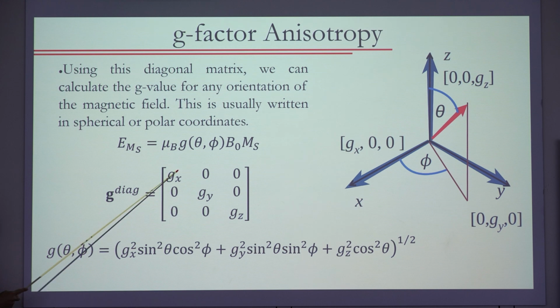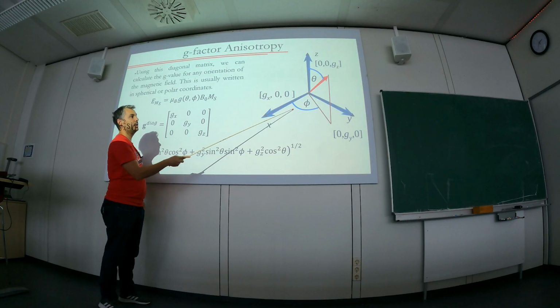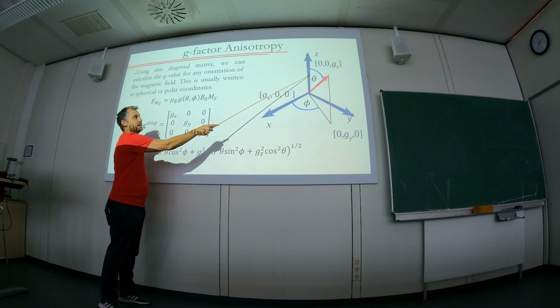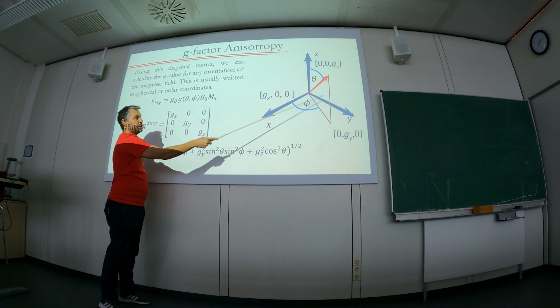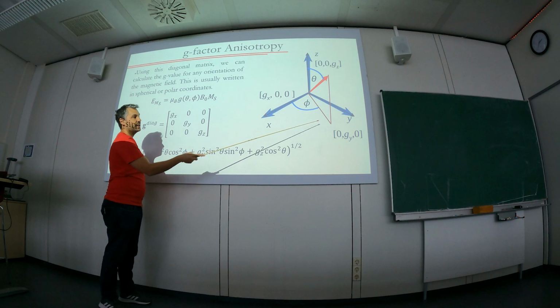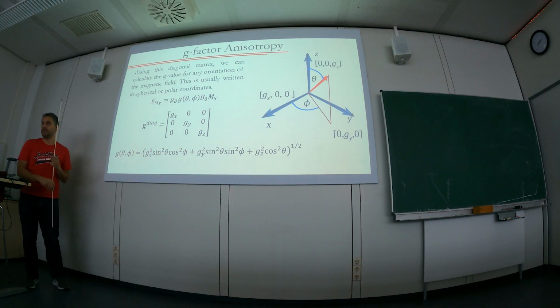From these values, you can calculate the G value in any orientation. These are spherical coordinates: an angle theta to the z axis and an angle phi of the projection of the vector in the xy plane to the x-axis. Maybe you have seen that somewhere, like in math.